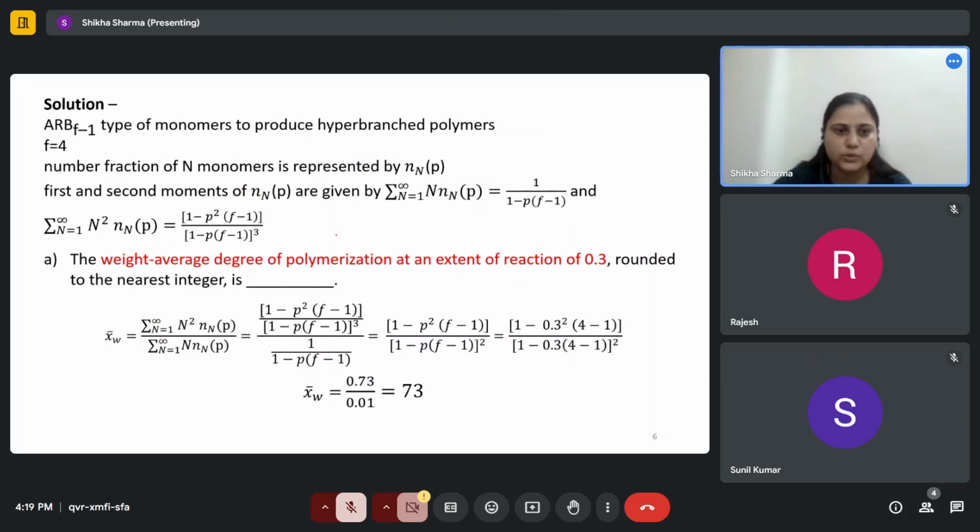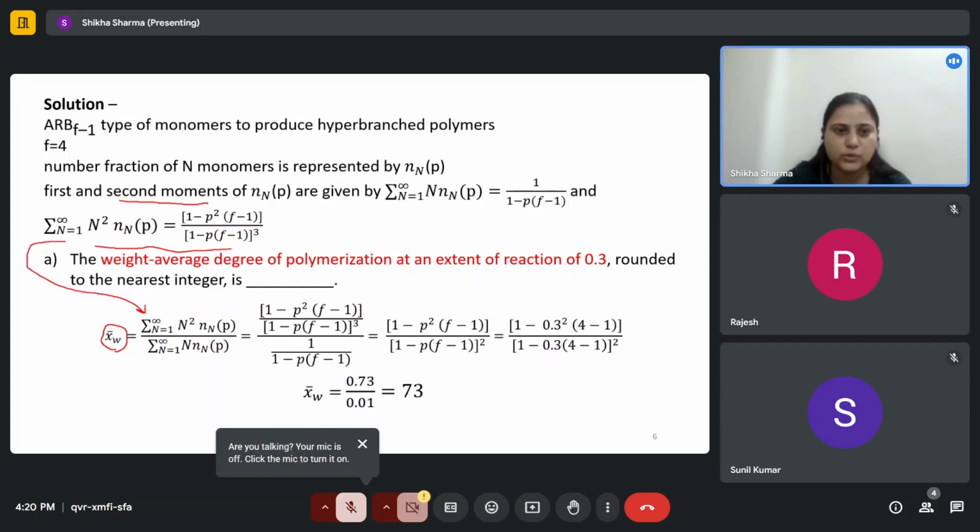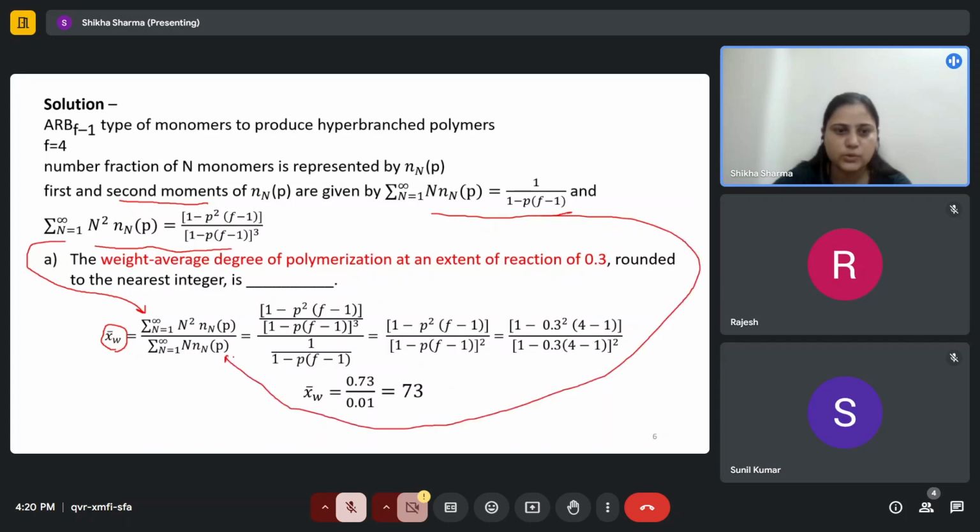So let's solve this question. In the first part, we need to calculate the weight average degree of polymerization. How do we calculate it? It is equal to the second moment divided by the first moment. The formula for the second moment is already given to us, in the square format, so we can put this value and divide by the first moment, which is this whole term, placed in the denominator.